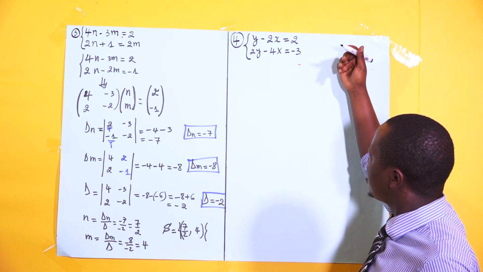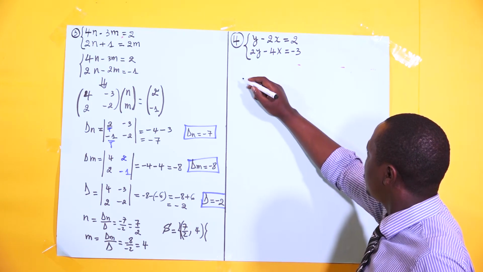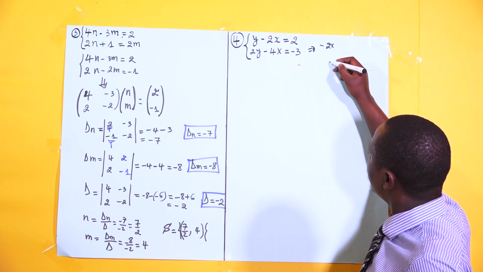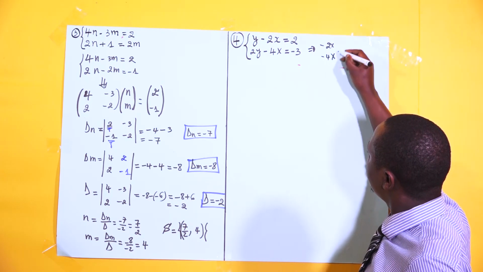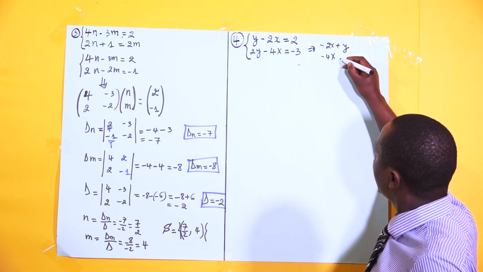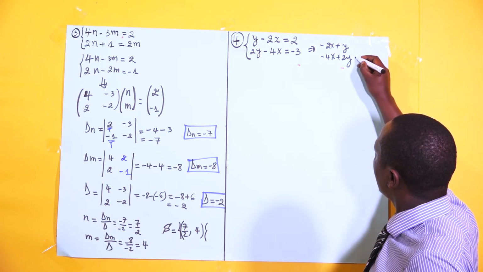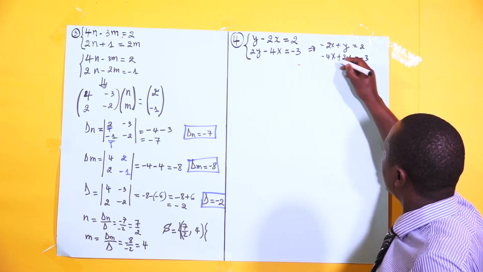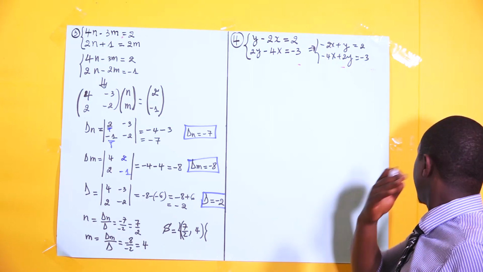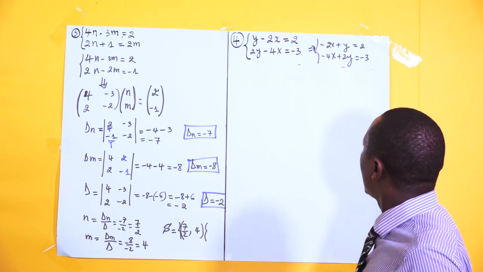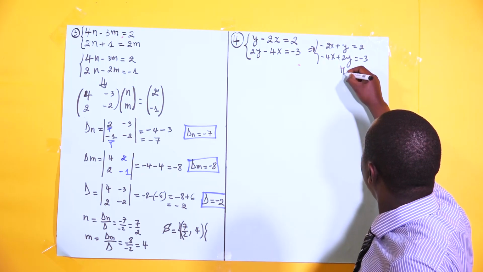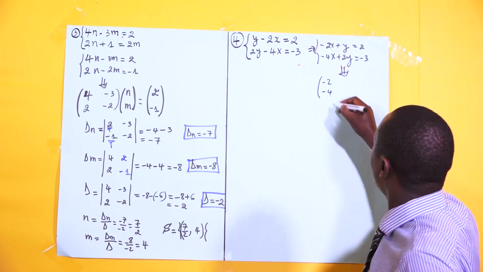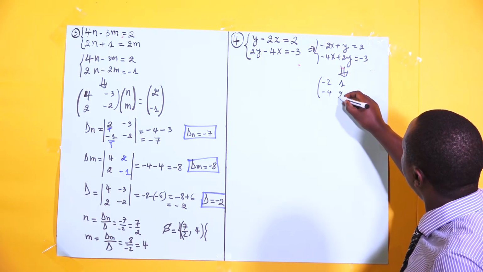We can arrange this system in this way: negative 2x, negative 4x, then plus y, plus 2y, then equals 2, and equals negative 3. So let us arrange the system in terms of a matrix. It is negative 2, negative 4, and here 1 and 2.